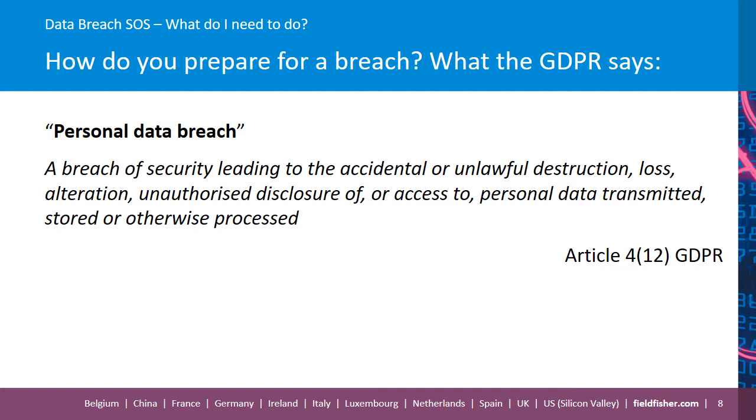If, say, you have a ransomware attack and your data is no longer available, that actually is also a personal data breach, because a personal data breach extends to your being able to access the personal data. So I've touched on this in a bit of detail just to highlight that a personal data breach could actually cover more incidents than you might think, and certainly more incidents than your IT or security departments might be thinking are personal data breaches.